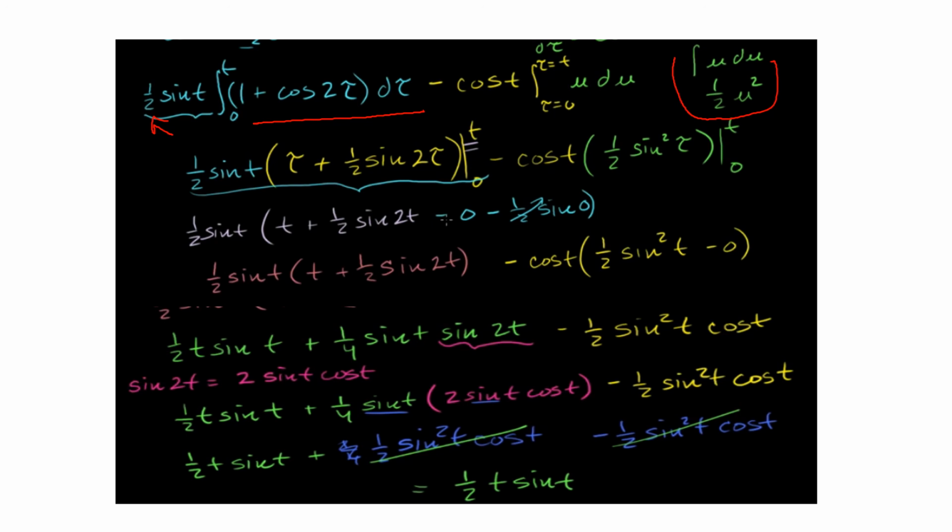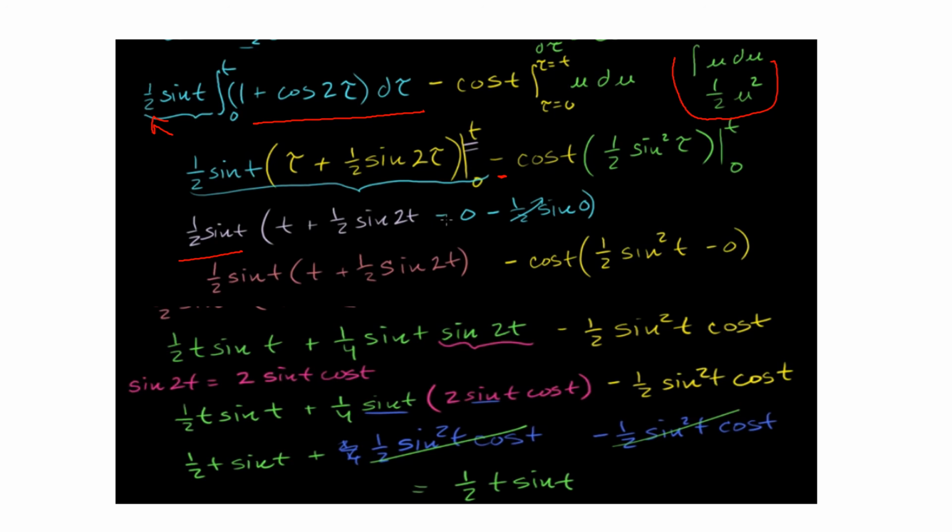Now substitute the limits, the upper limit minus the lower limit. Half sine t is there, then t plus sine 2t by 2, minus the lower limit, half sine 0, which is zero. That is the lower limit substituted for the first term.